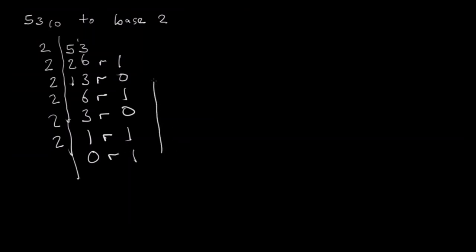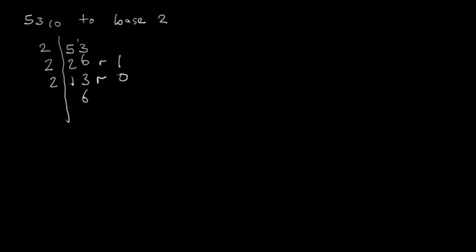Then we know our arrow is going to be pointing upwards. Our answer will begin from the number at the bottom going upwards. So it's 1, 1, 0, 1, 0, 1, base 2. So I hope you followed through how it is done.